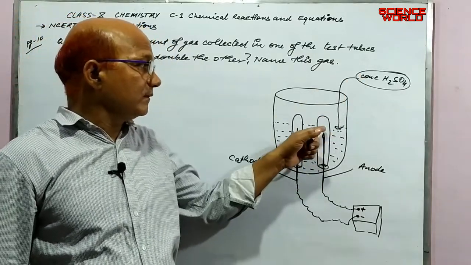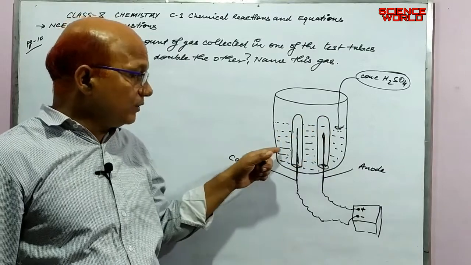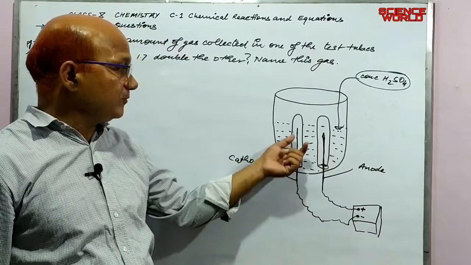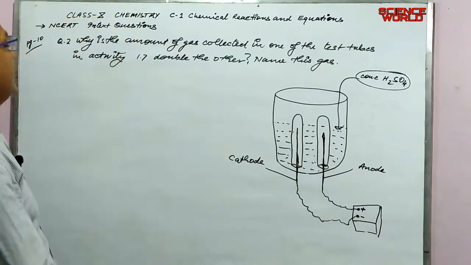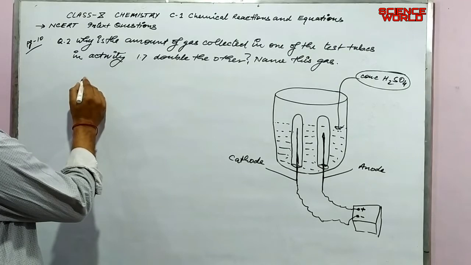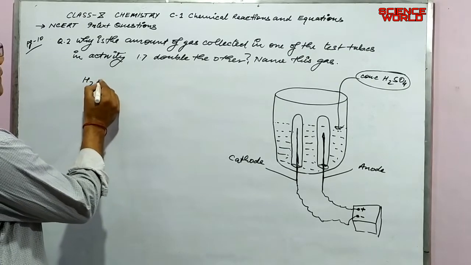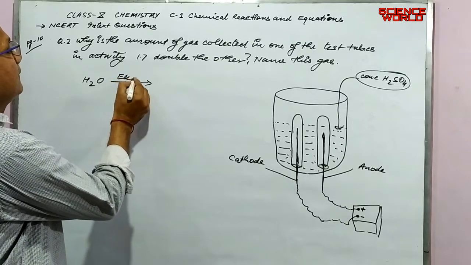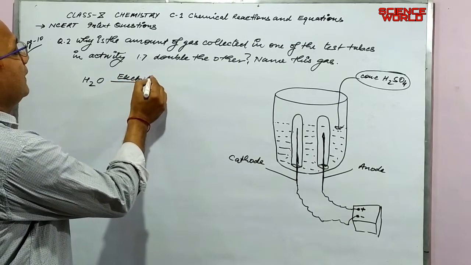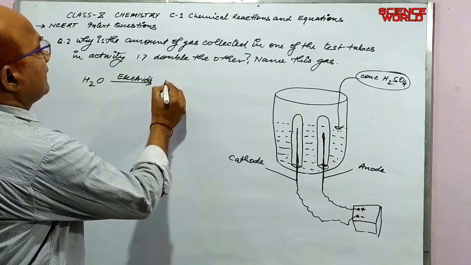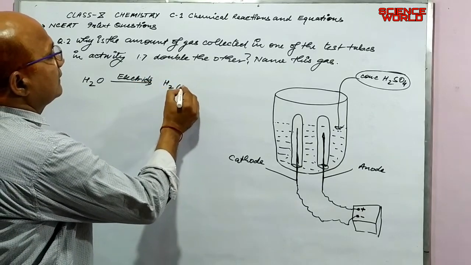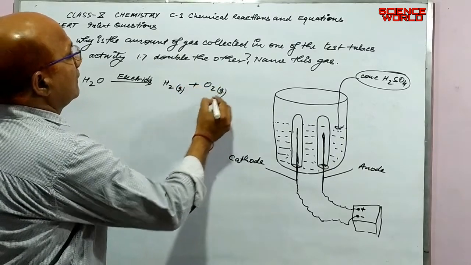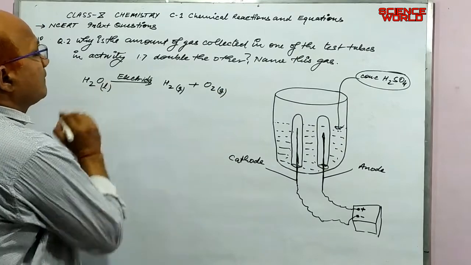It makes water a good conductor, and when electric current is passed, this reaction takes place. H2O, on passing electric current, breaks into hydrogen gas and oxygen gas. This is in liquid state.